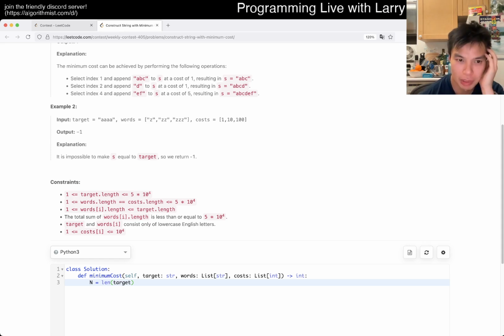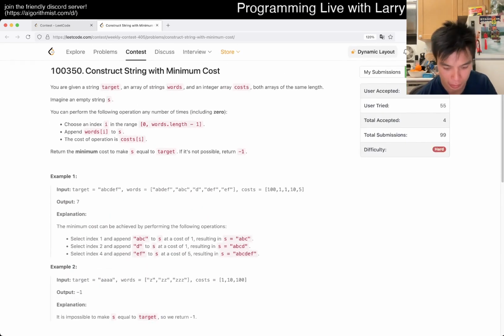5 times 10 to the 4th times 2 is too big though, even if they have 1 character each. Is it a try?